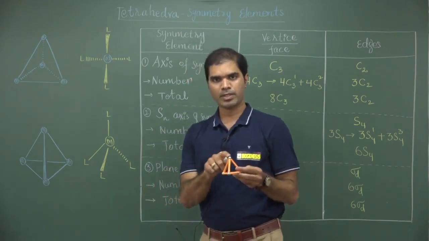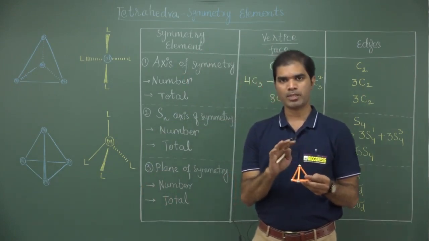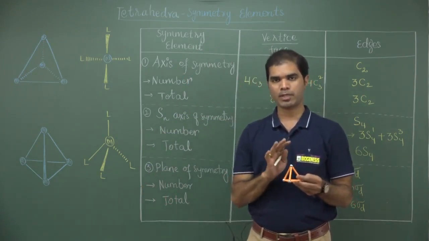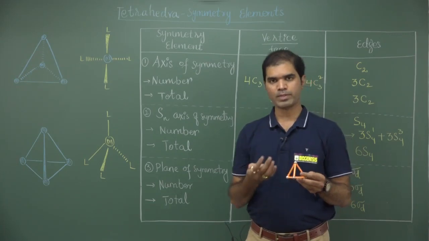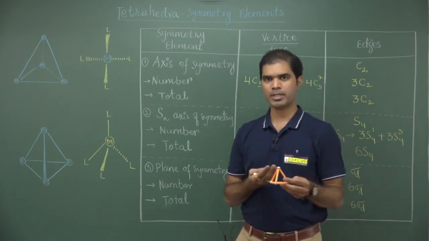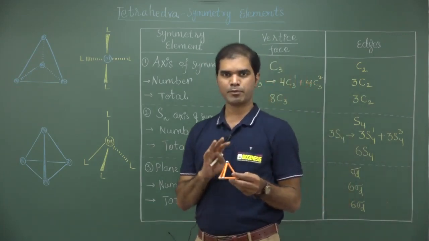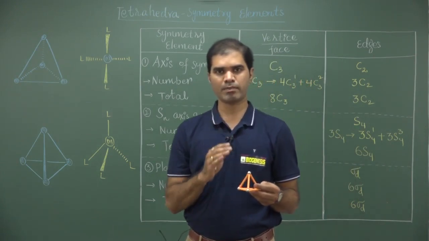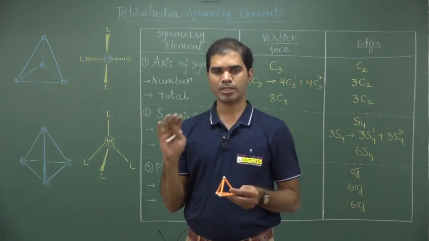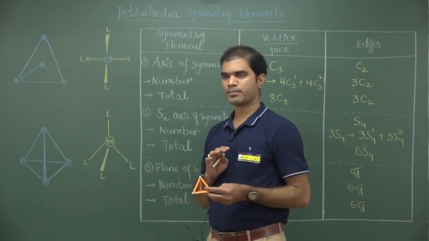If I choose the corners, try to pass all the symmetry elements through the corners, check for every symmetry element, then move towards the faces, check for every symmetry element, move towards the edges, check for every symmetry element. If you can follow this convention, you can deliver all the symmetry elements very easily.